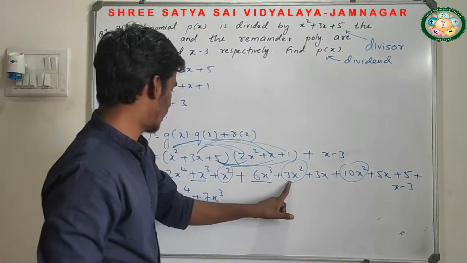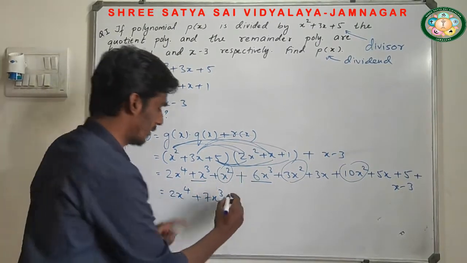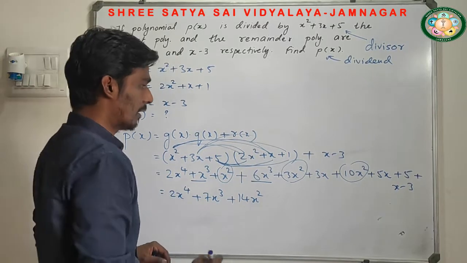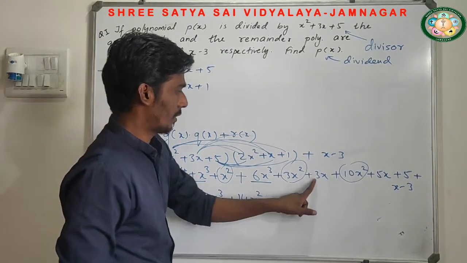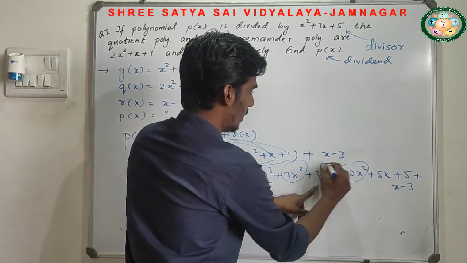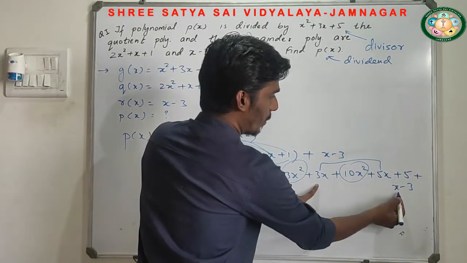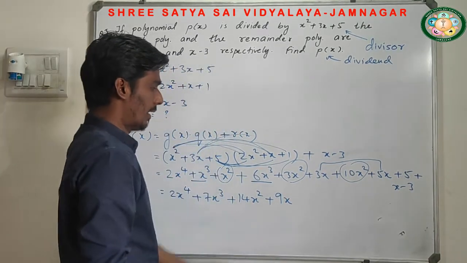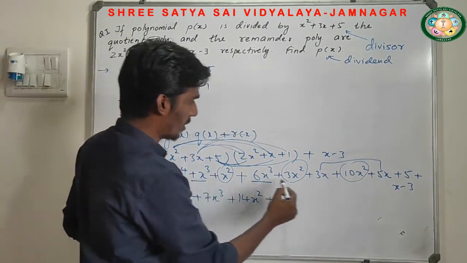So 10 plus 3 plus 1, it's 14x square. Now x term. This 3x plus 5x, how much? This 3 plus 5, 8x. 8x plus x is what? 9x.